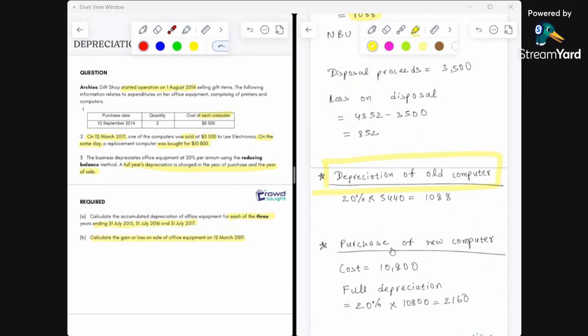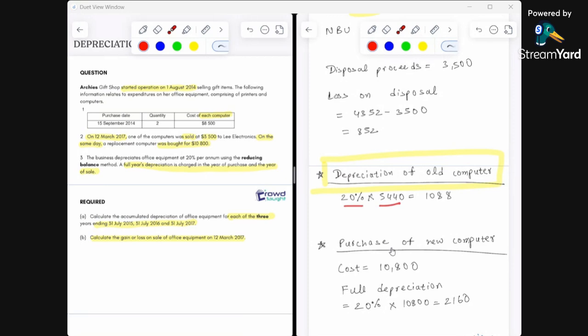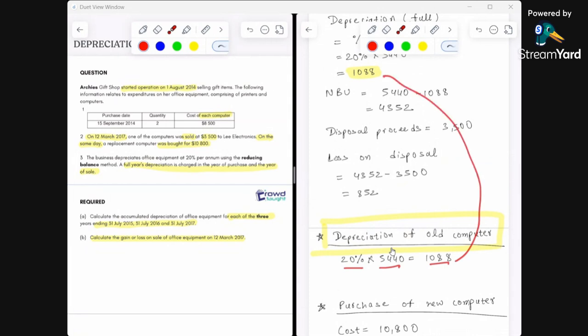One of them has already been sold. Now we still have got one more left, which is also going to be depreciated, just simply applying the percentage on the net book value. So 20% multiplied on 5440, which was the net book value we had at the end of year 2. And that would be 1,088, basically the same as what we calculated for the asset which we had sold.